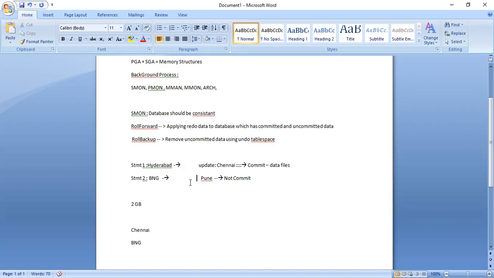Whenever any database restart or crash happens, at that time it works to make the database consistent. And P1 is only for failed processes, to clean up. If the process has failed, it is not used, so you need to clean up so that the space will be available. Okay, it's clear now.